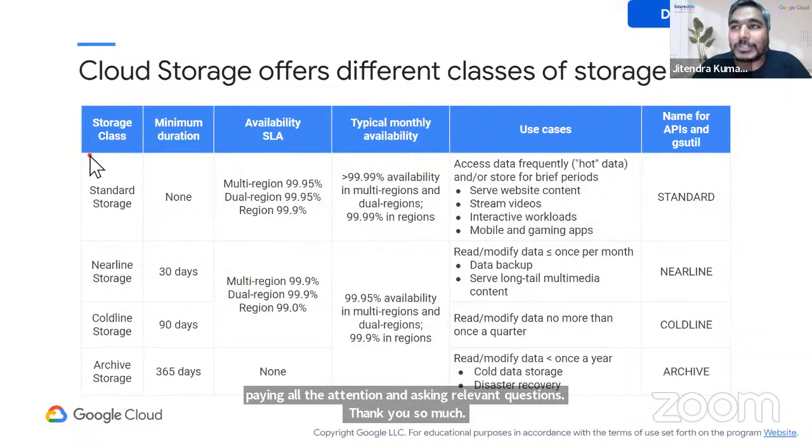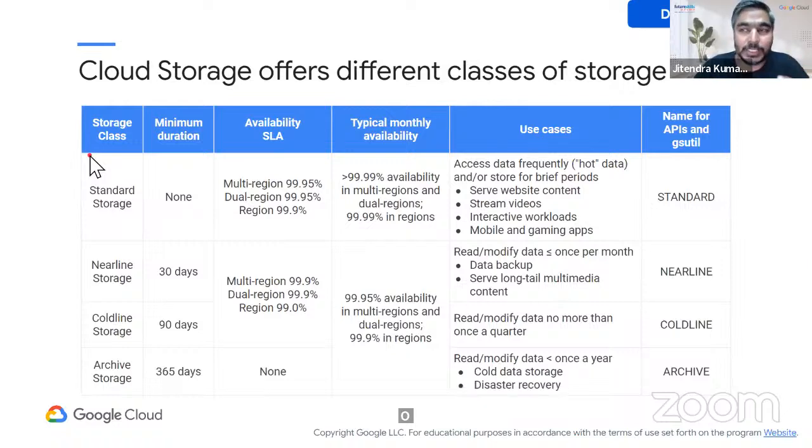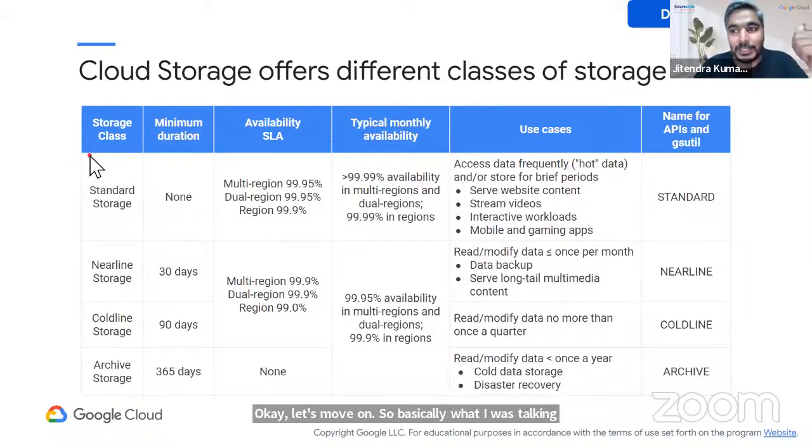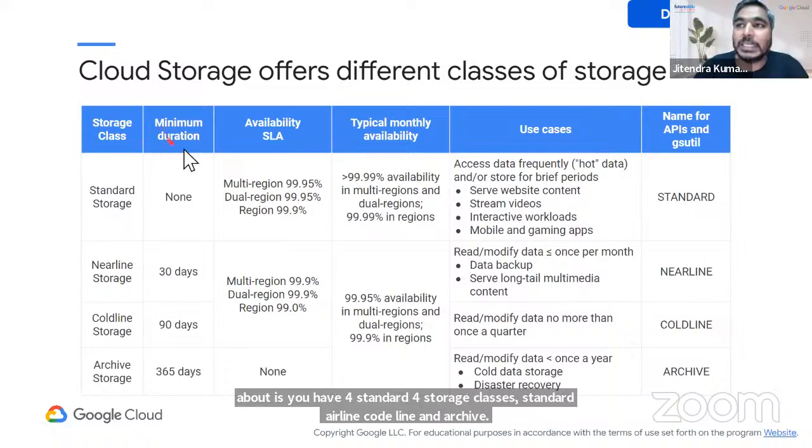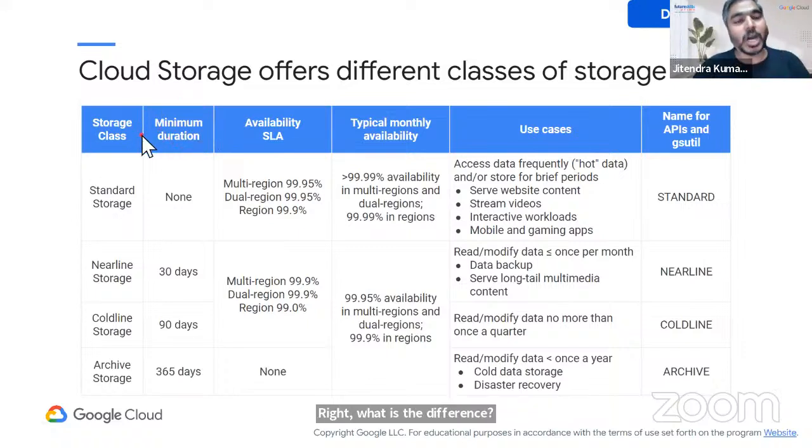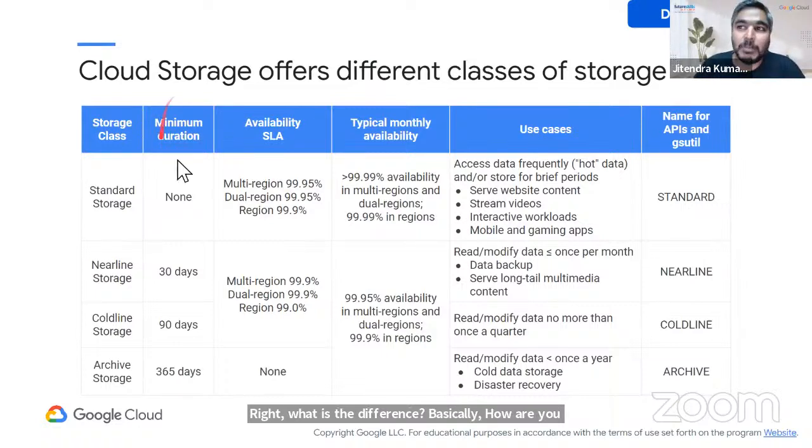So basically what I was talking about is you have 4 storage classes: standard, nearline, coldline, and archive. What is the difference? Basically, how you are charged is the difference. This is the minimum duration in the standard storage class. In the standard storage tier, you are charged only for the amount of time that you store your data there.